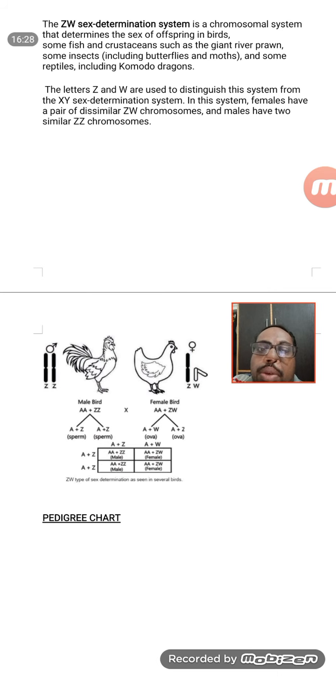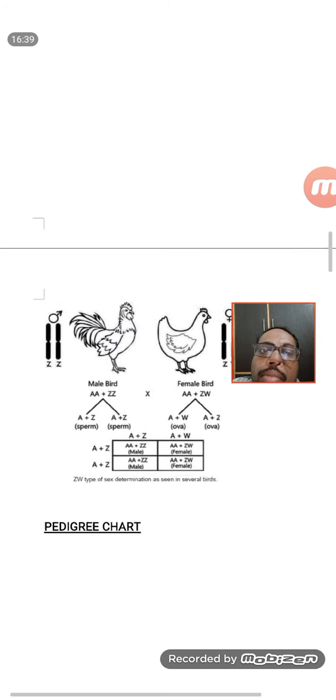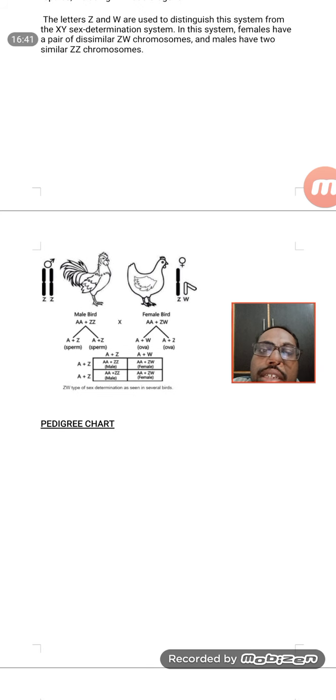And when they are producing the gametes, they can produce males and females. So these are one of the sex determination patterns that is followed in most of the birds. So these are the main sex determination types which you have to study according to your syllabus for the purpose of your examination.